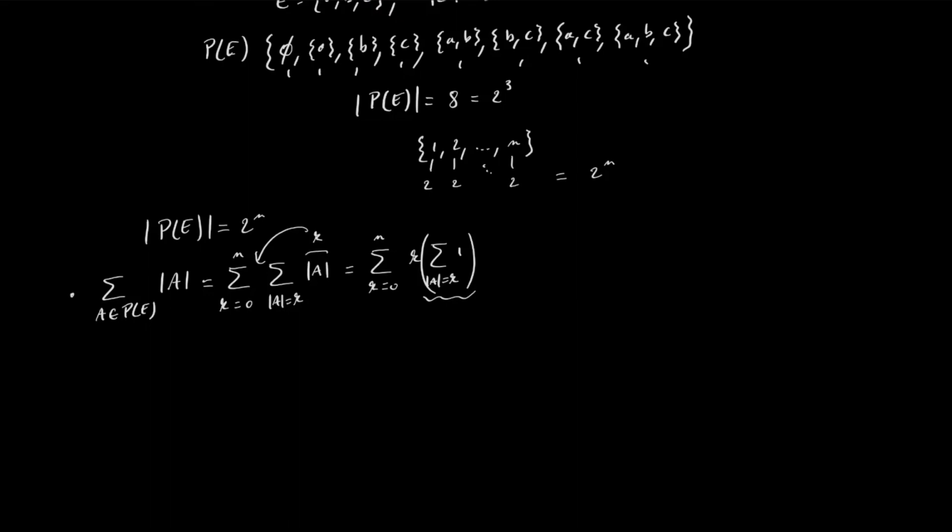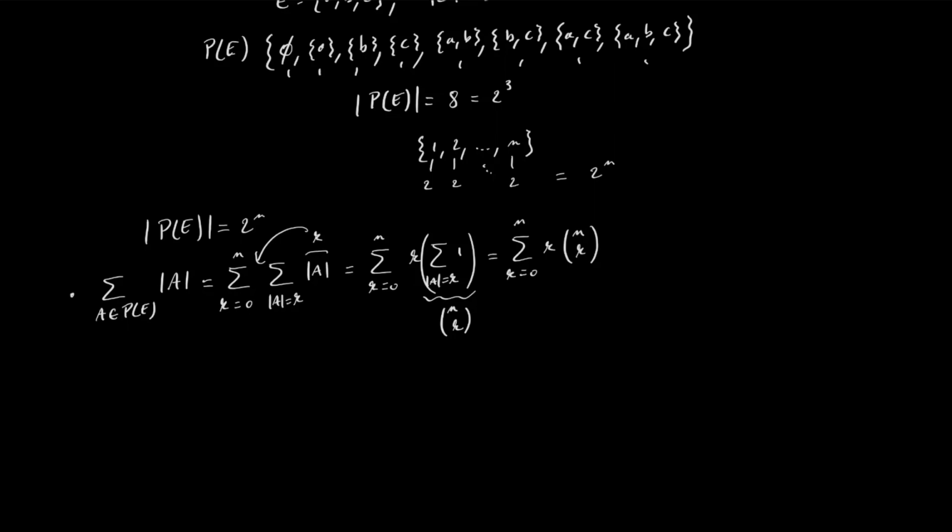Well, we know that the number of ways to choose k elements among a set of n elements is exactly equal to n choose k. So this sum is equal to the sum from k equals 0 to n of k multiplied by n choose k. Okay, great. Now let's see how we can simplify this sum.